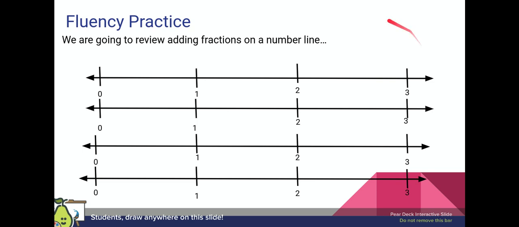Very good, my friends. If we are right in between the 0 and the 1, you are approximately halfway. Here you should have marked it as 1/2. Now we're going to estimate and mark 2/2 on the number line.